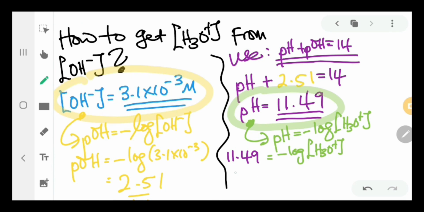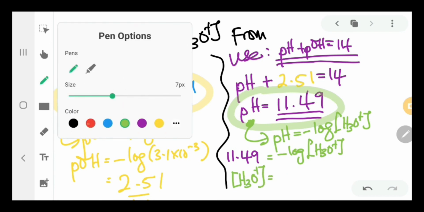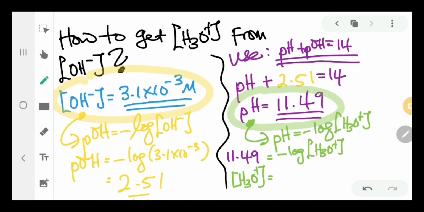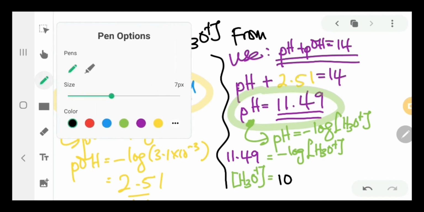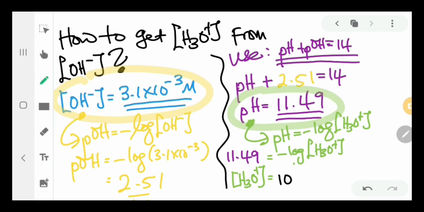So you have concentration H3O plus equals inverse log of negative 11.49. So what is that value?